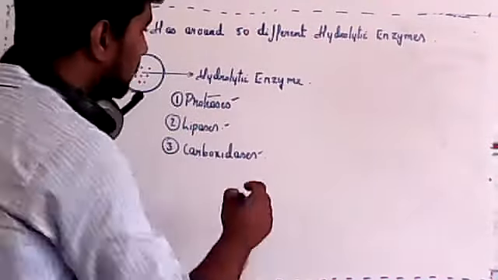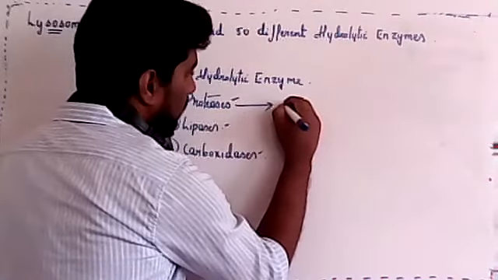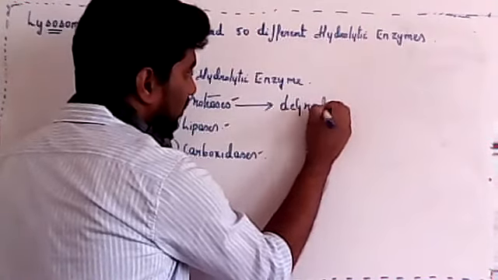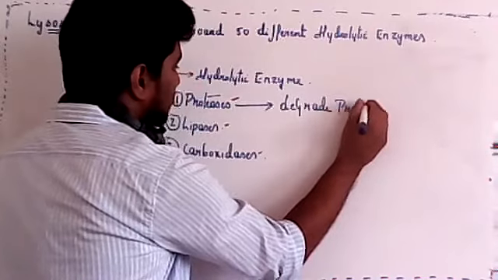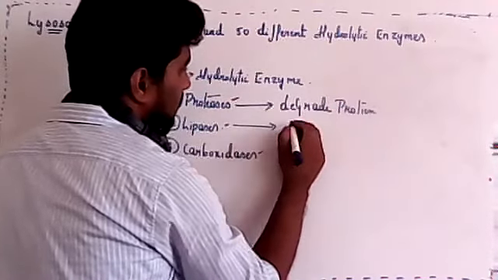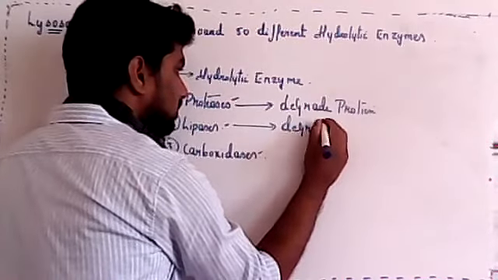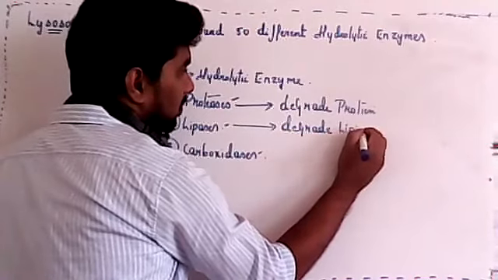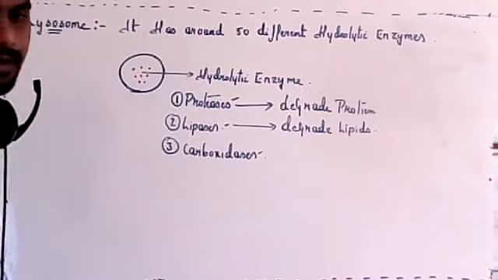So protease will help in degradation, so that will degrade protein. Next, lipase: what lipase does is it degrades lipids. As you know, lipids are present in the plasma membrane, so these lipids are degraded by lipases.